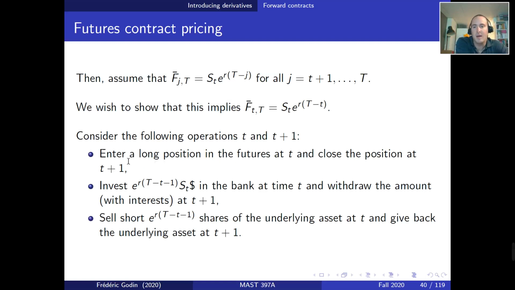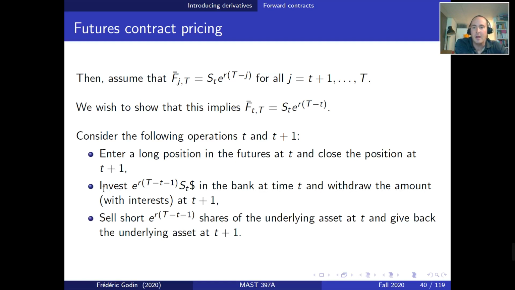Let's assume that at time t we enter a long position in the futures and close the position in the futures at time t+1. How do we close a future? We just take the opposite position at t+1.